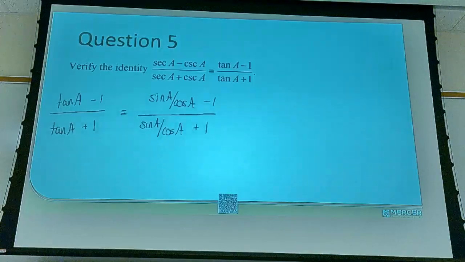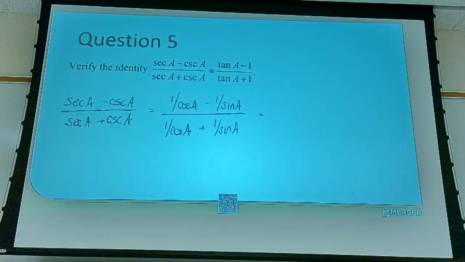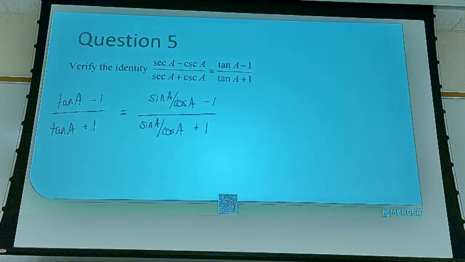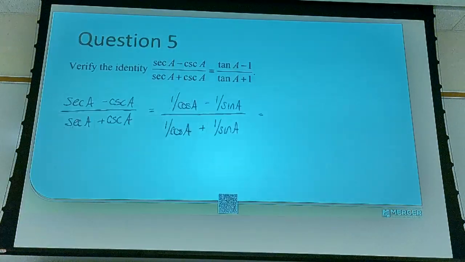No, I've already written the right-hand side in terms of sines and cosines, right? We want sine A over cosine A minus 1 in the numerator. We want sine A over cosine A plus 1 in the denominator. Why don't you just multiply everything by sine?